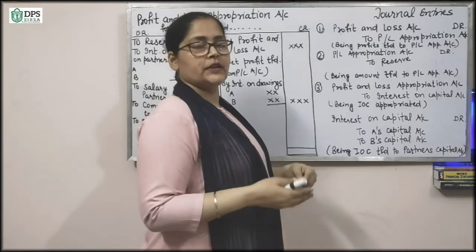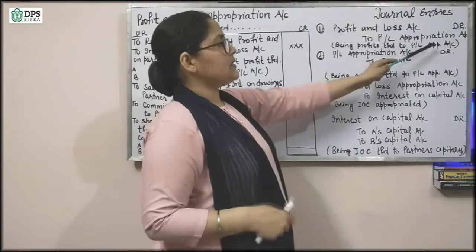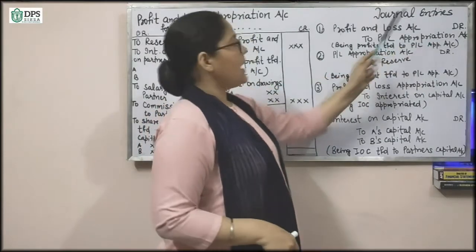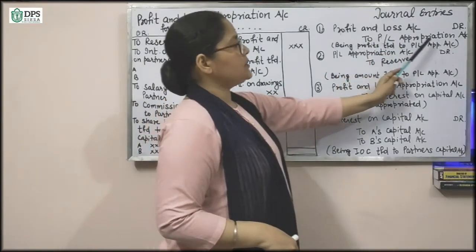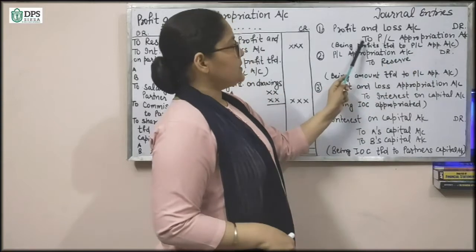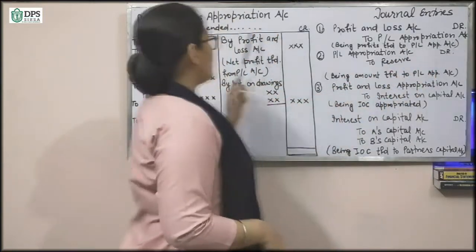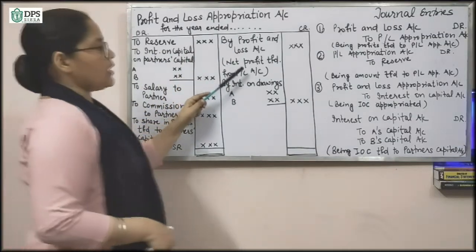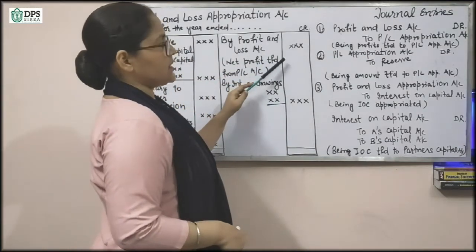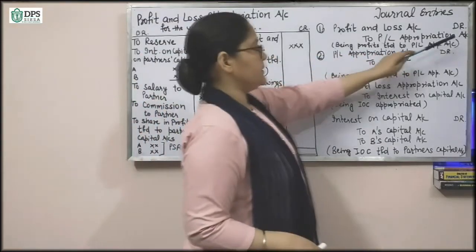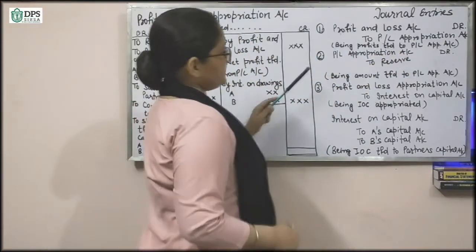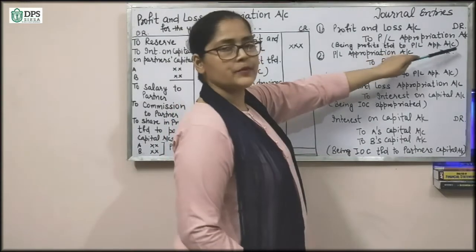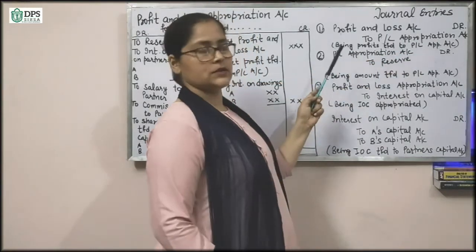To profit and loss appropriation account, this account will be credited because the profits are now in this account. You can write the narration: being profits transferred to P&L appropriation account.